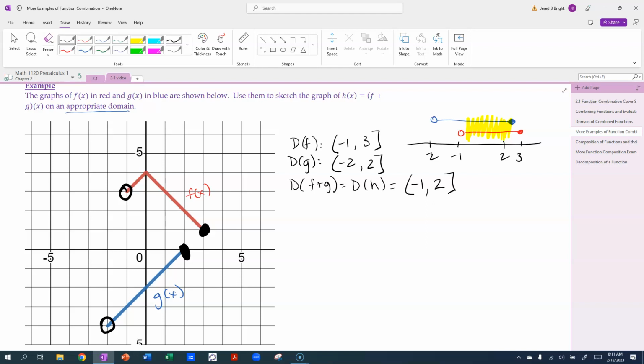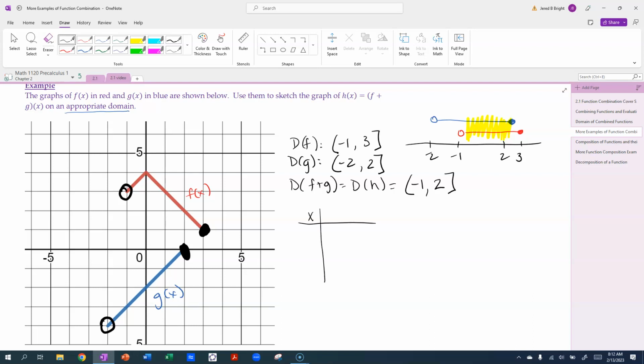One problem solved. Now I need to sketch the graph. Oh my goodness, what do I do? Well, do the operation. Sometimes I find that this information in the graph can be a lot to digest. Maybe you could do this mental arithmetic, maybe you can't. So here's my domain, and I'm going to make an XY chart.